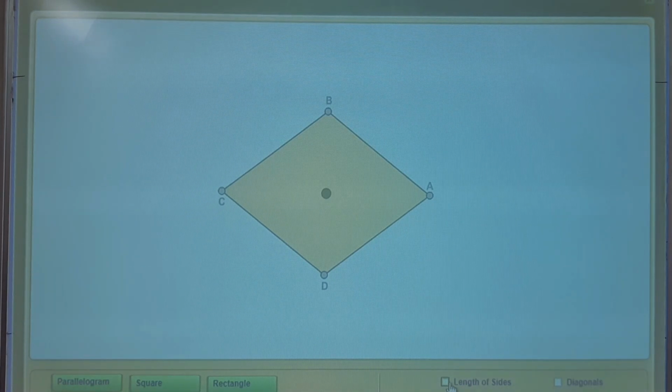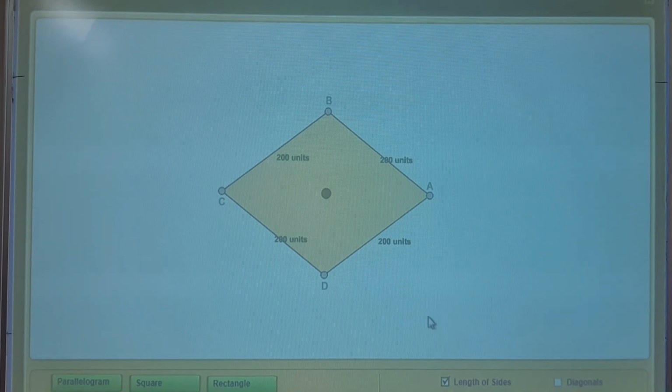What is the specialty of a rhombus? See, the length of the sides are equal. That means all sides are equal in a rhombus. Then opposite sides are parallel. See, BC and AD and AB and CD are parallel. So, opposite sides are parallel.